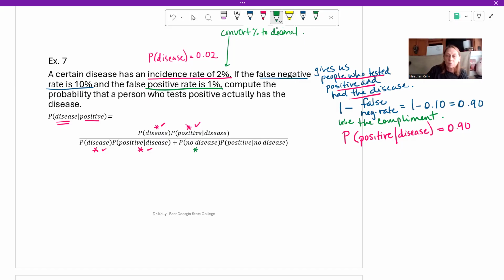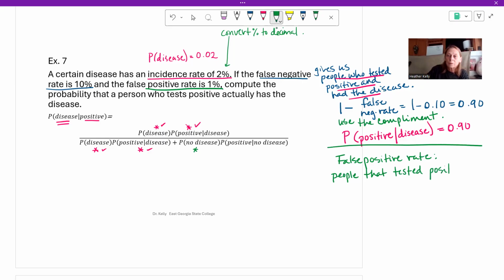So false positive, those are the people that tested positive but don't have the disease.